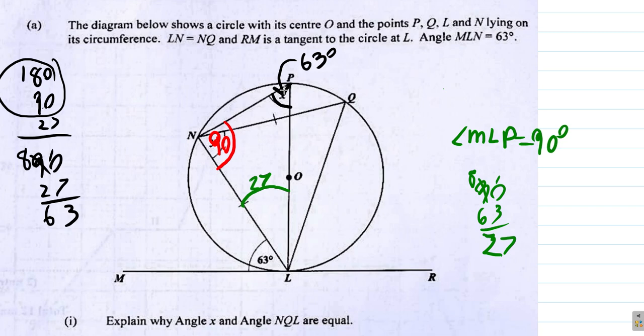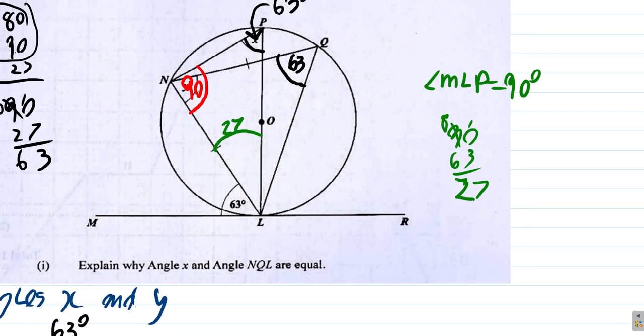Remember, in part A, you found that N, Q, L, and X are the same. So this must also be 63. Let me just write 63 and label it. Alright. That is 63 degrees. Now, having found that, let's look at this. If you look carefully at the triangle NQL, you remember that NL and NQ were the same length.